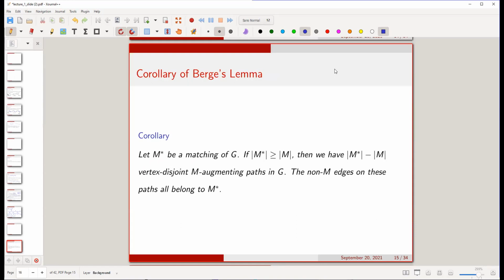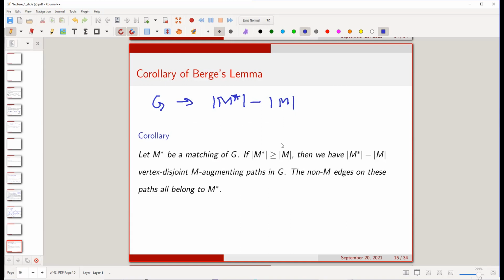It says that if M star is a matching such that the size of M star is bigger than M, then the graph G will contain exactly size of M star minus size of M vertex disjoint M augmenting paths.